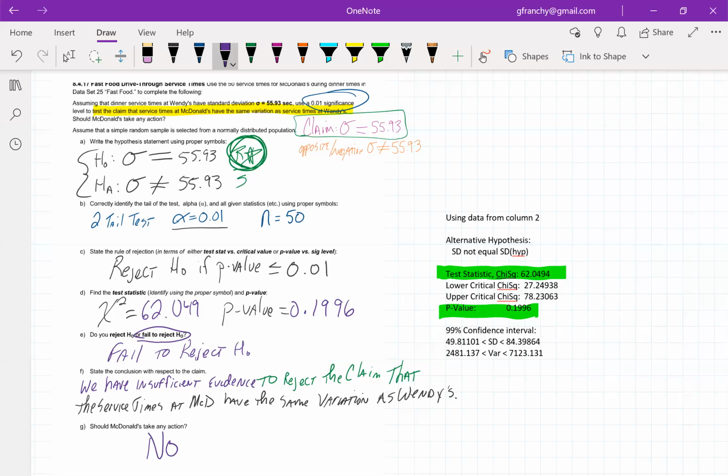If it was on the low side, between 0 and 55.93, and we rejected the null, that means McDonald's service times are more consistent. Don't mess with what's not broken there. So in that case, rejecting the null hypothesis doesn't guarantee that you're going to be taking action. It's only on one side of it that you'd want to take action. The other side, uncork the champagne.